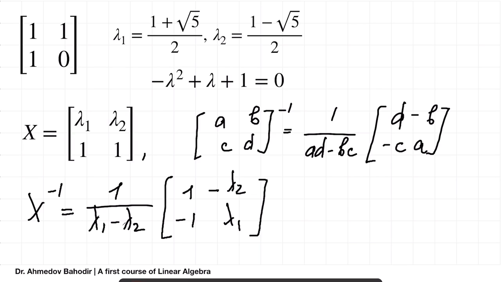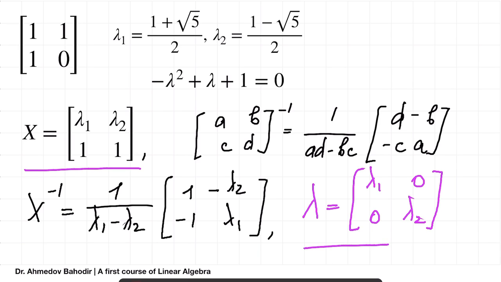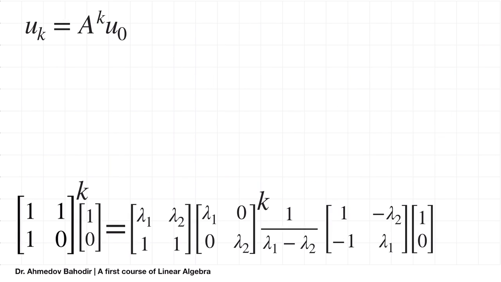And if you combine all of these matrices together, I've got 3 matrices: X, lambda, and X inverse. Lambda is going to be lambda 1, 0, 0, lambda 2. So essentially, the multiplication of X, lambda, and X inverse is going to give us exactly this matrix.